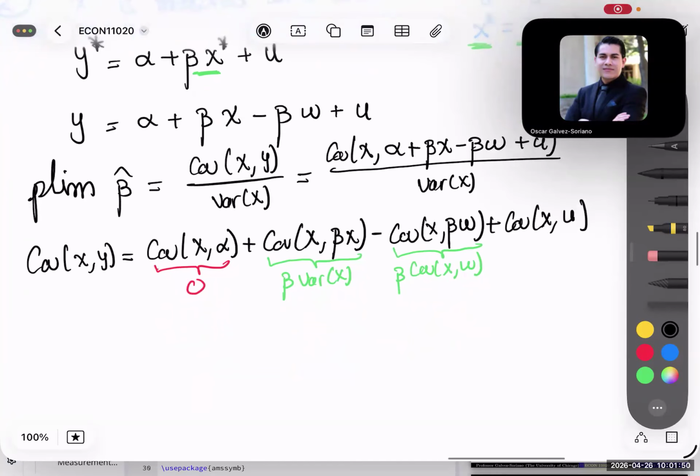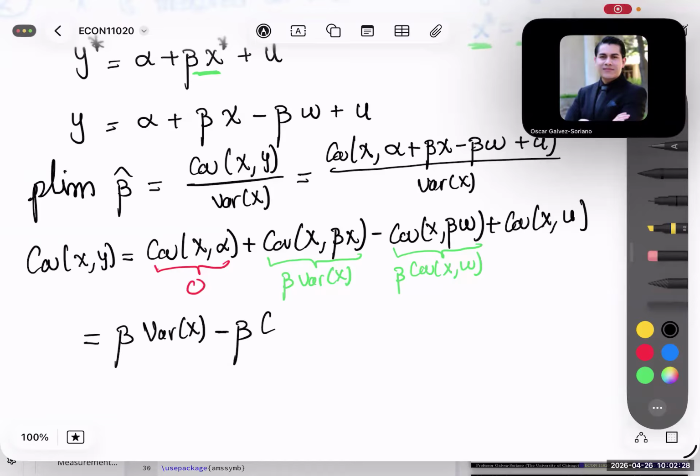Some of the things will be simplified, and you will see. But in particular, we need to work with the definition of x, because we said x is by definition x star, which is the measurement of the regressor without error, plus its respective measurement error, which is w. In other words, you can simplify this as beta variance of x, and now minus beta times the covariance.